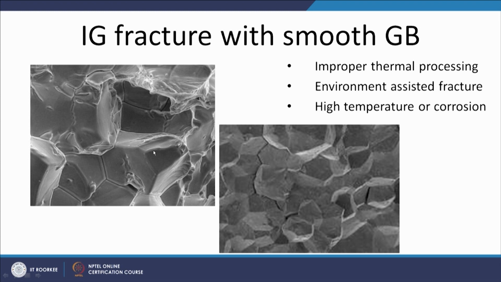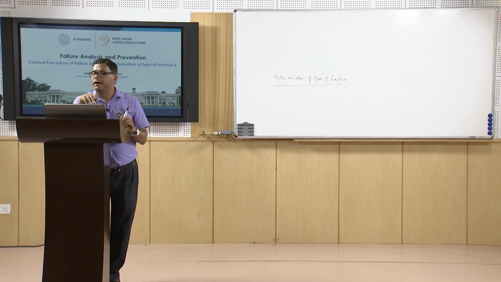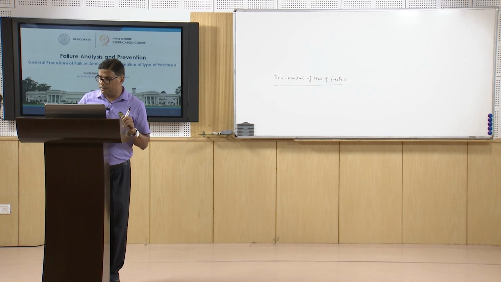So, it is easy to identify the presence of intergranular fracture, because it will show this kind of grains, indicating intergranular fracture. But identification of the cause of intergranular fracture is more difficult, because the presence of a fine amount of elements or weak phases at the grain boundary, or poorly deformable systems at the grain boundary, promotes intergranular fracture.